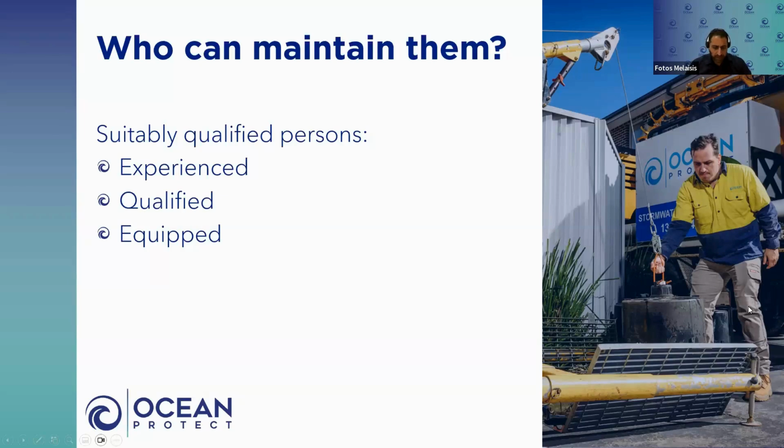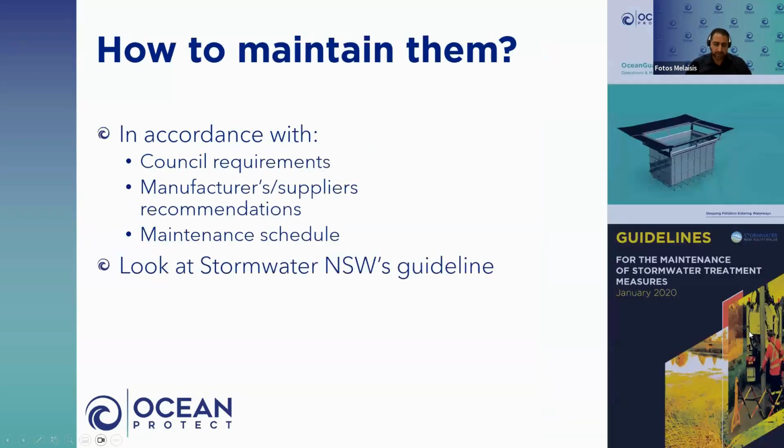We can also look at how these should be maintained. Again, there's a range of different stormwater treatment assets out on the market. So ultimately, you want to ensure that a maintenance contractor is establishing a safe work environment, that there's no intrusion by any pedestrian or traffic, just to make sure that there's no issues moving forward.